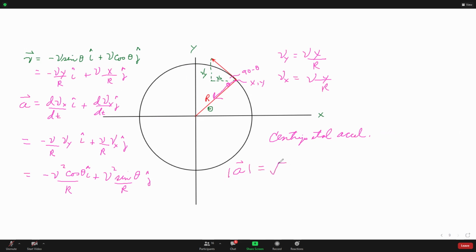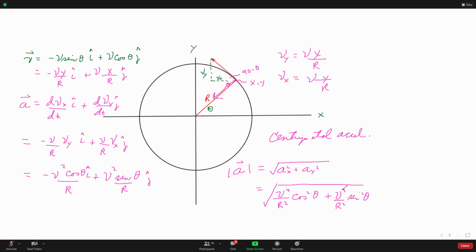It's the square root of a sub x squared plus a sub y squared, which is equal to the square root of, now we've got v to the fourth over r squared cosine squared theta plus v to the fourth over r squared sine squared theta.